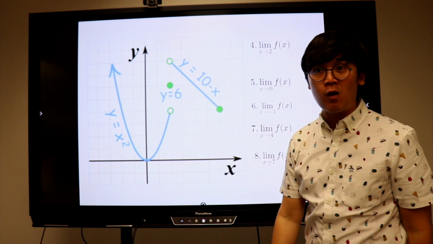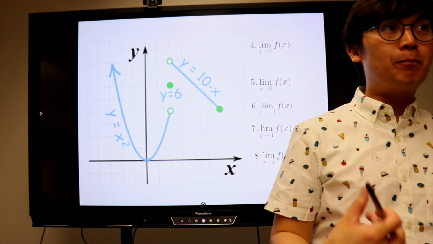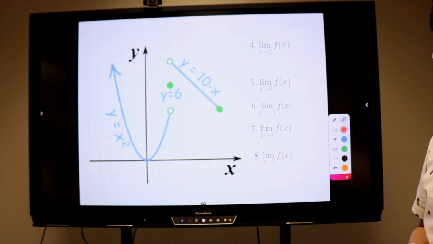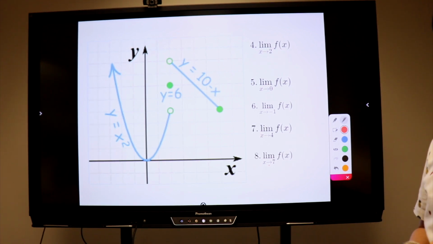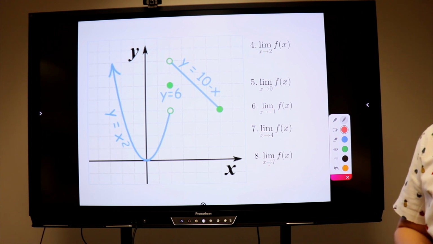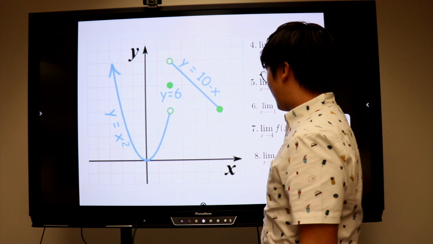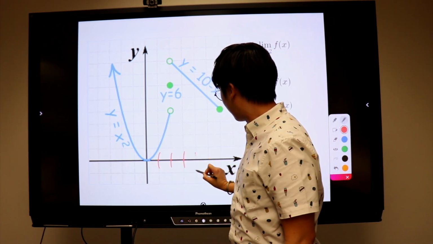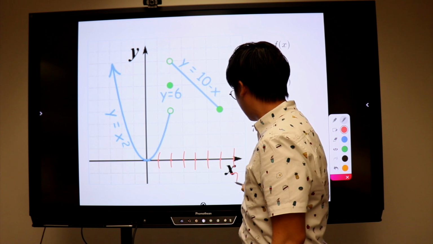Okay, what about this one? The limit of the function as x approaches 7. Doesn't exist. Hmm? Wait. Doesn't exist? 5? X is approaching 7, right?